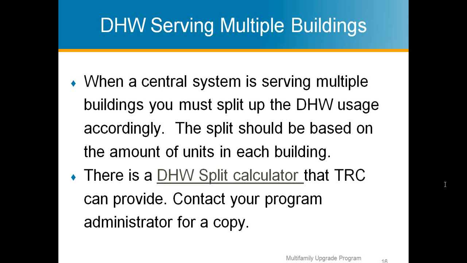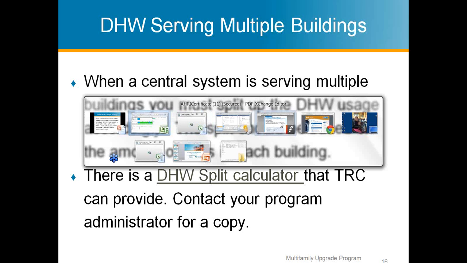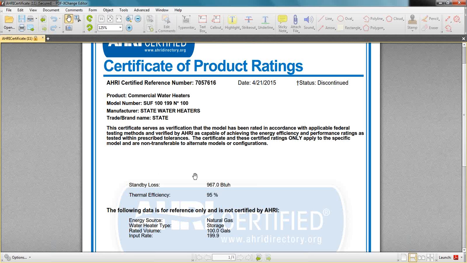So you spoke a little bit about the HRI number usually gives a standby loss number in percent and not in BTU per hour. So the question was, how do you convert this number? So if you could just touch on that one more time through. Sure. If you see here, the standby loss is provided in BTU.